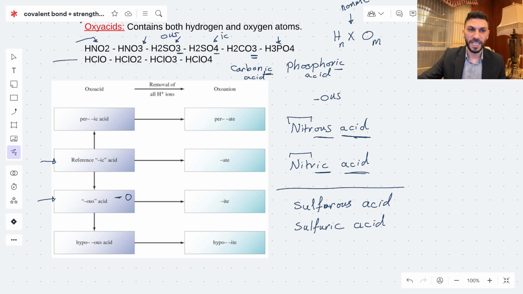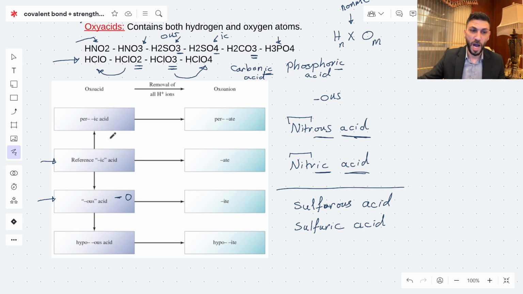Now here is an exception, because as you can see here, we have this HClO2, we have the HClO3, and we have lower than that, HClO, which is only one oxygen, and we have higher than HClO3, which is HClO4. So basically here, we started with the higher oxygen, IC, just like the sulfuric and the nitric acid, and the lower oxygen, OUS, which is the nitrous and the sulfurous acids.